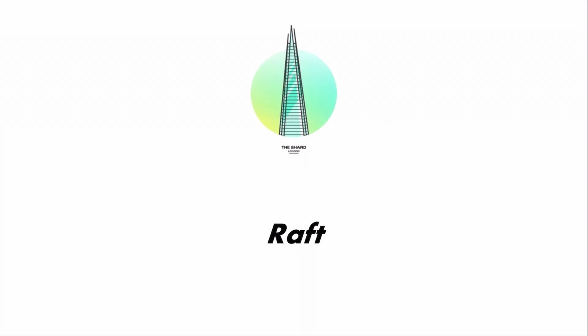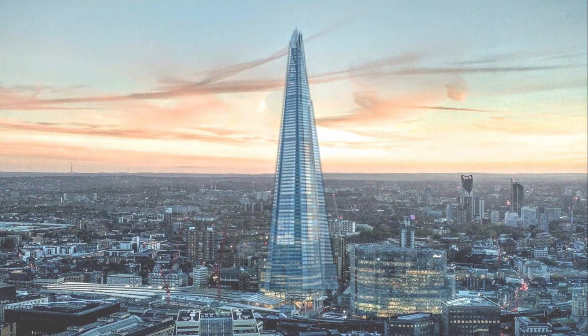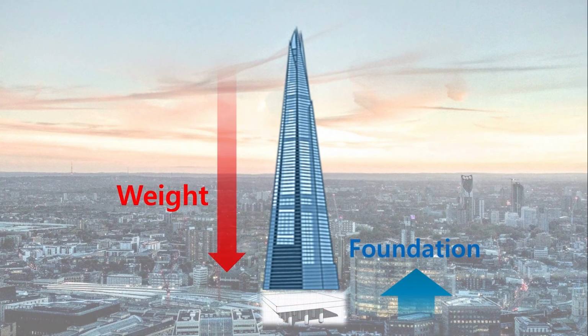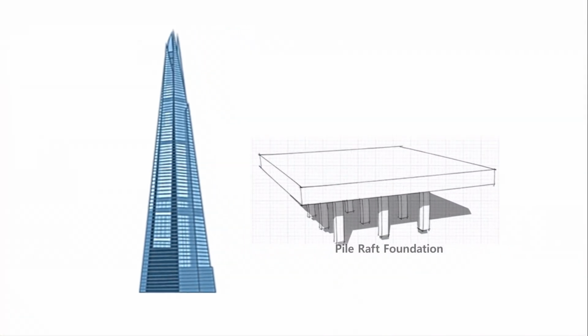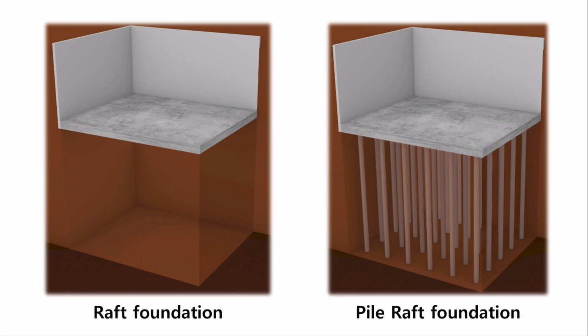Now we will talk about the raft. A foundation is needed to withstand the building's load, and the Shard used the piled raft foundation. A piled raft foundation is a type of foundation with piers inserted into an existing raft foundation.